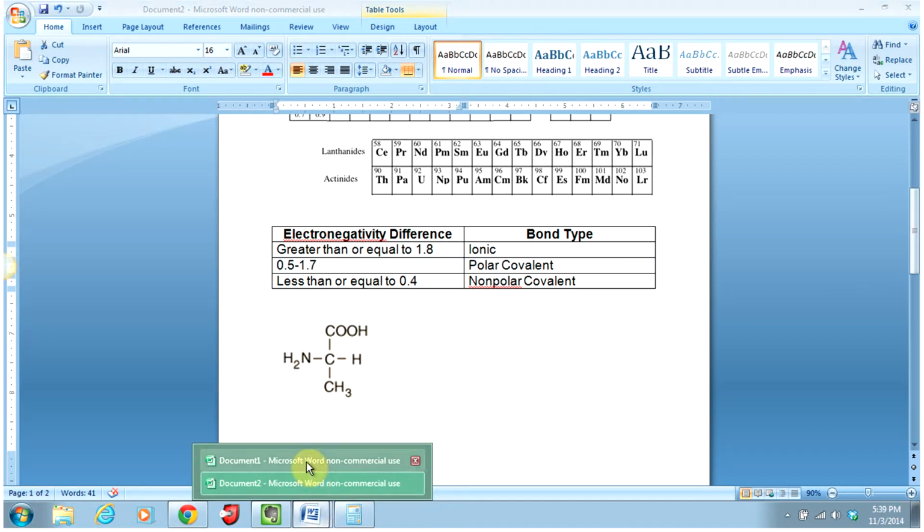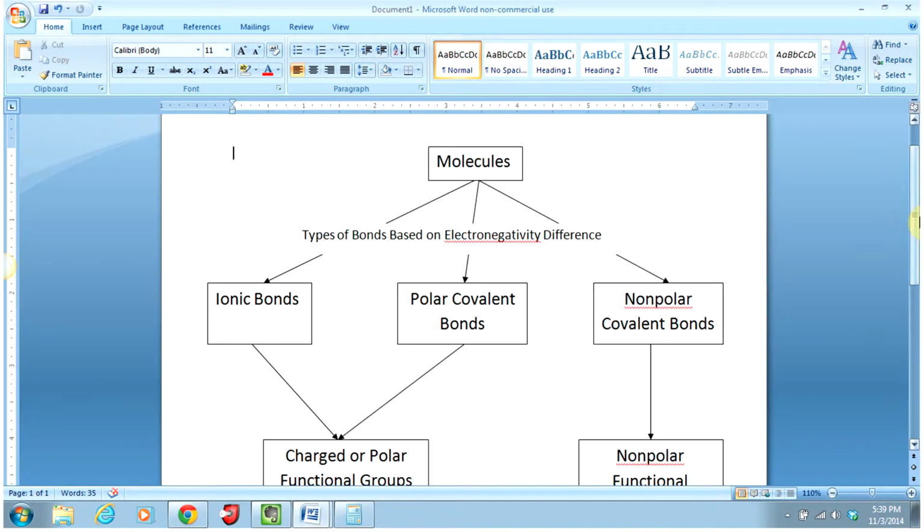Okay, going back to our concept map, we've looked at examples of how electronegativity differences can give us our three different bond types. Ionic bonds would have the highest electronegativity difference. Polar covalent are in the middle. And with a nonpolar covalent bond, they would have little to no electronegativity difference, meaning the electrons would be shared pretty evenly between the two atoms.